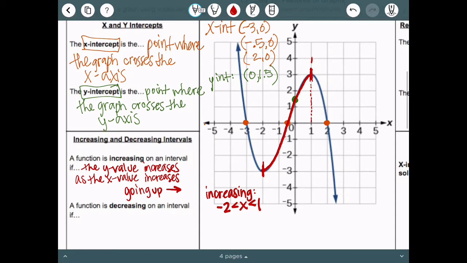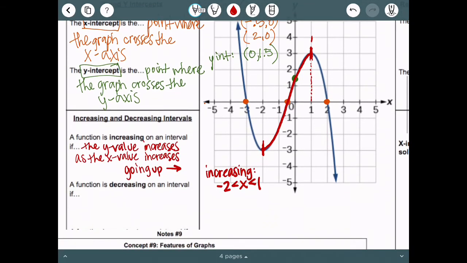So from there I'm going to look for my decreasing. So I'll put that in blue here. A decreasing is any time that the y value is decreasing as the x value increases.